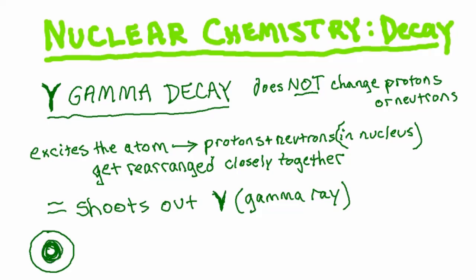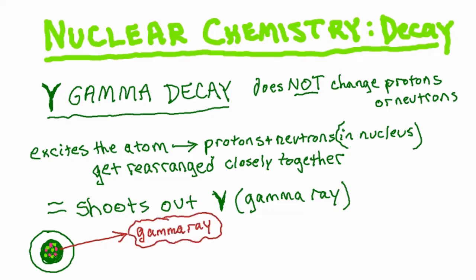I'll make the nucleus bigger so we can see. And in the nucleus, it rearranges the protons, and it rearranges the neutrons. So they're really, really tightly packed. And what happens when they're tightly packed together, it shoots out a gamma ray.